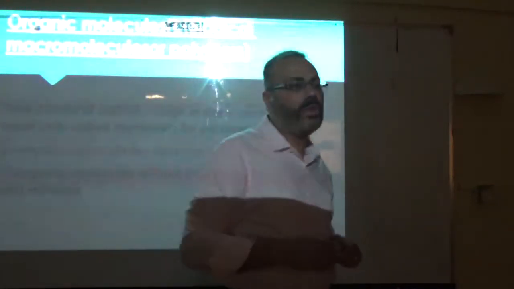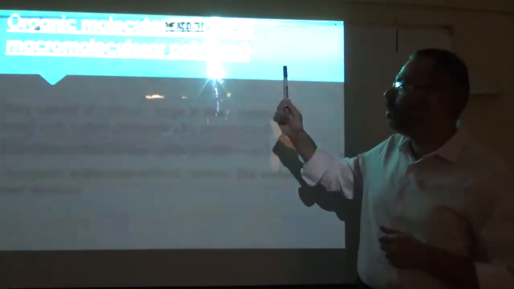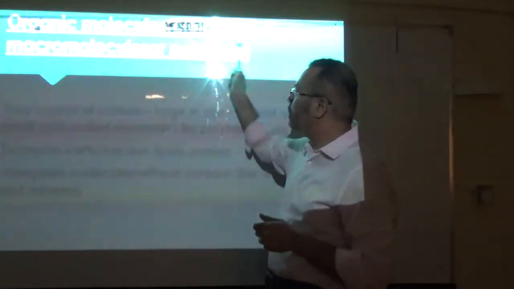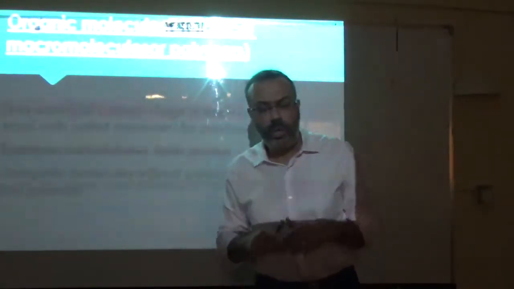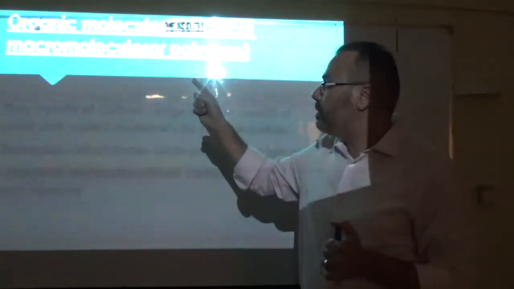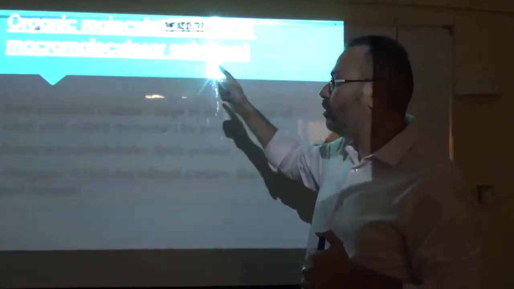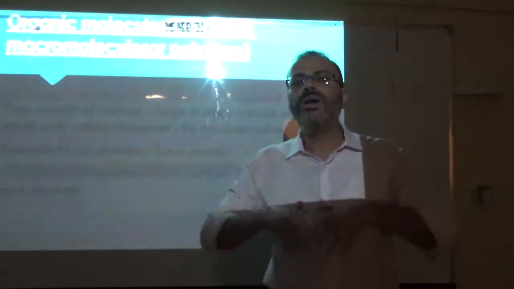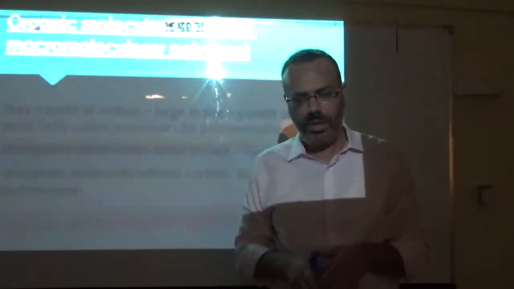Organic molecules, we can call them by another name. Organic molecules can be called biological macromolecules or polymers. What is the reason for this name? Organic molecules are called biological macromolecules because their molecules are large in size.